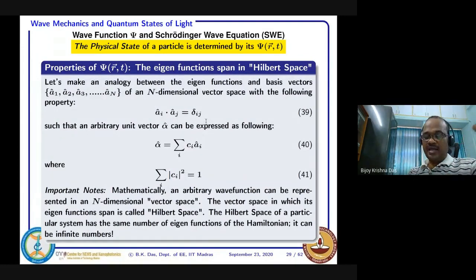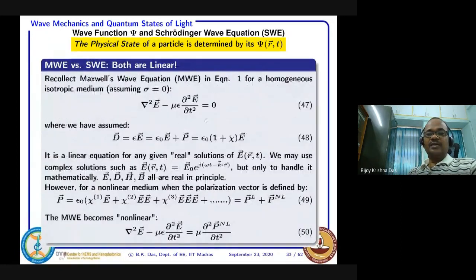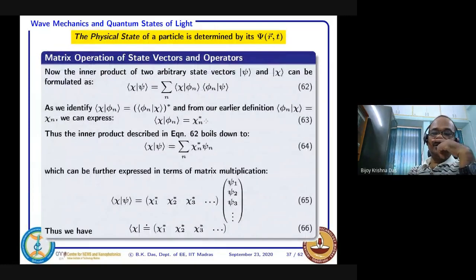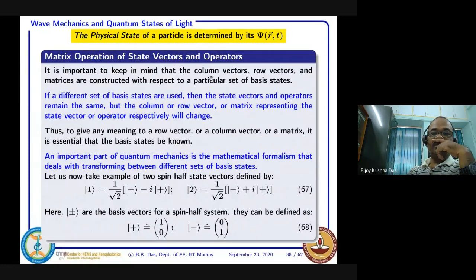You can decide your basis vectors such that, based on that, you can construct your so-called column vectors or row vectors, anything you can consider with respect to the particular set of basis states if it is given. Once you know the basis states, then you are fine. I can find the overlap with those basis vectors, then find the components, and then write in terms of that vector as well as matrices. Matrices I will come to a little while later, how they are constructed.